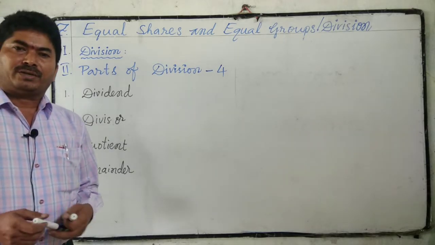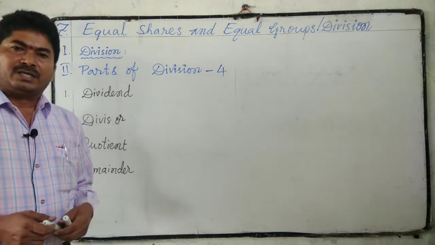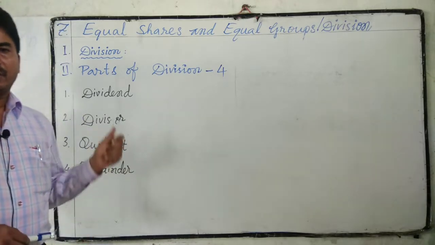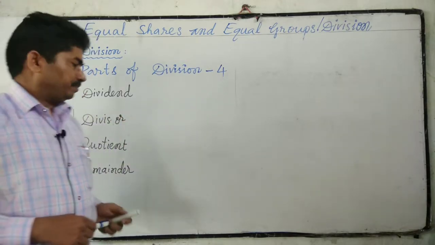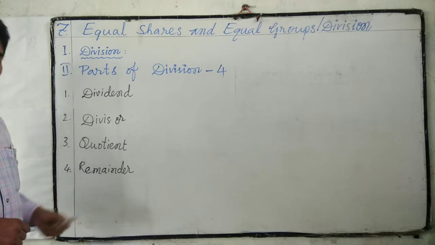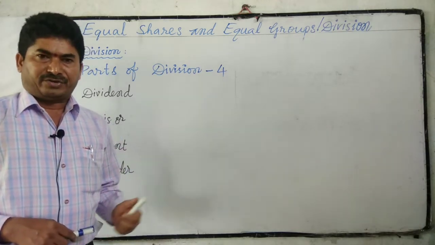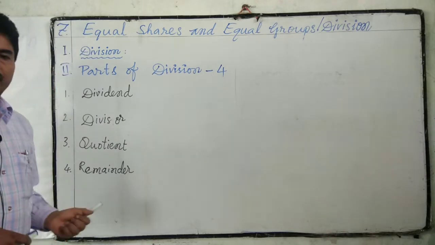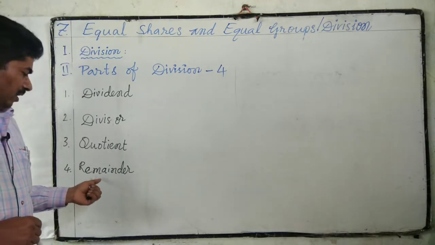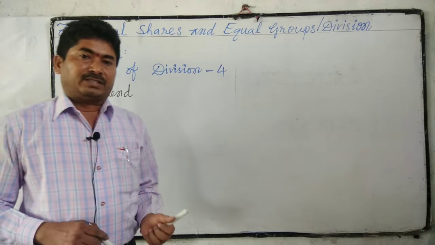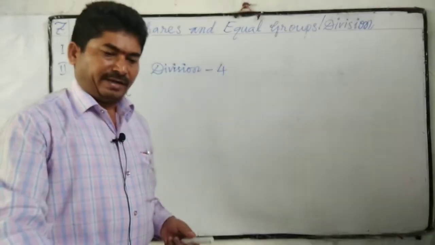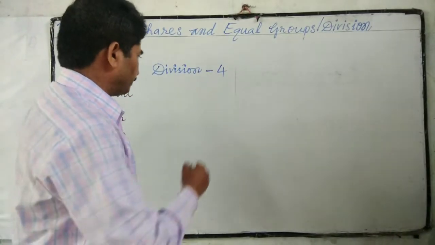The result after division is called quotient. Next, remainder. The number remaining after division is called remainder. The remainder is always less than the divisor. Let us see one example.